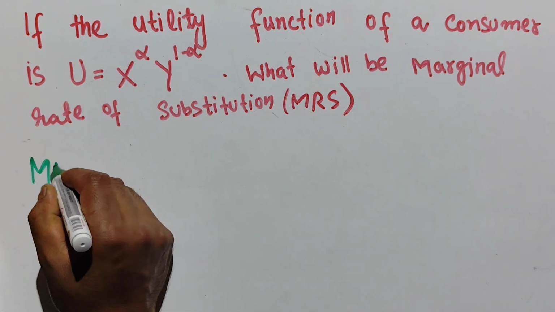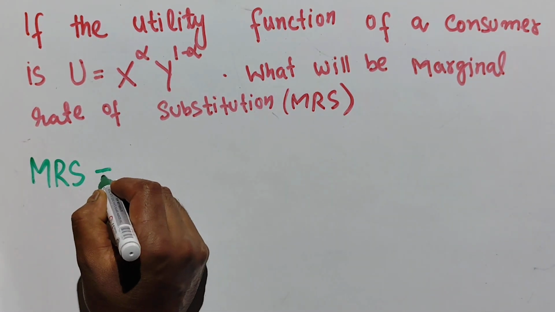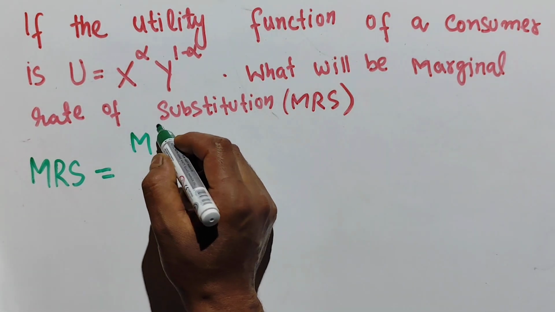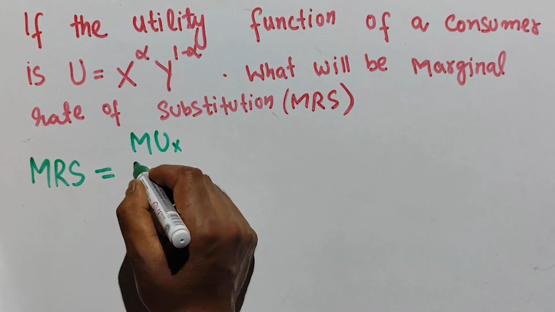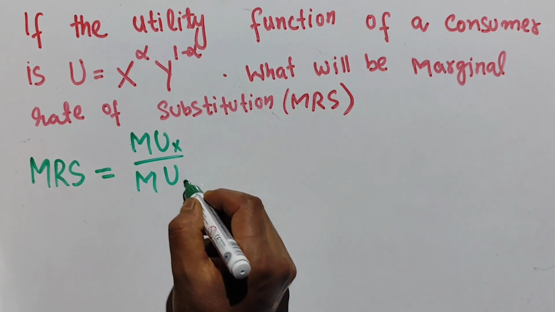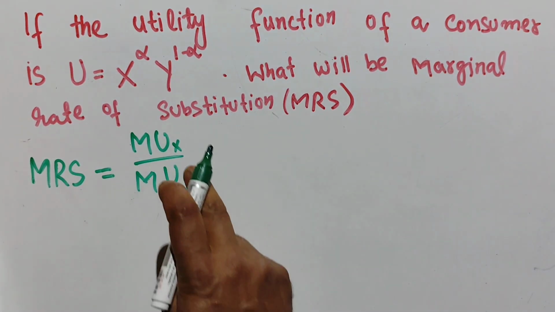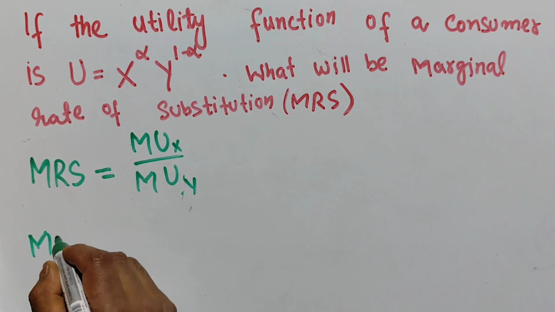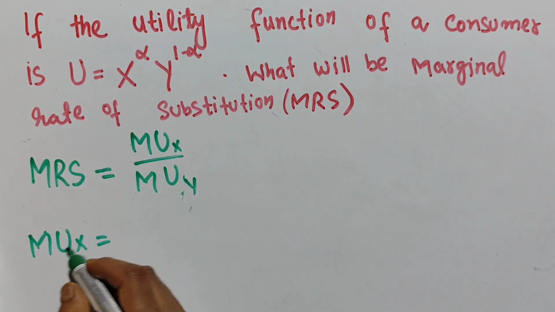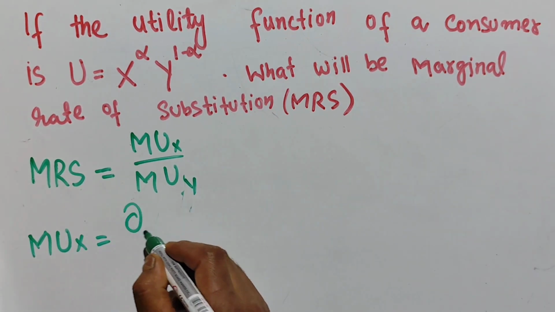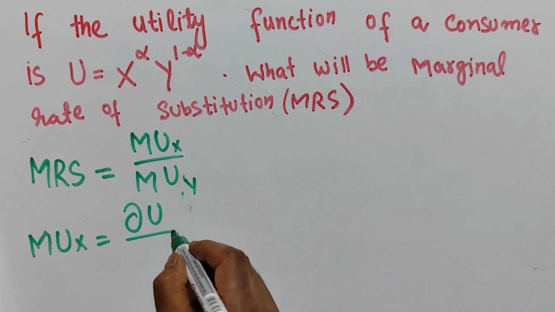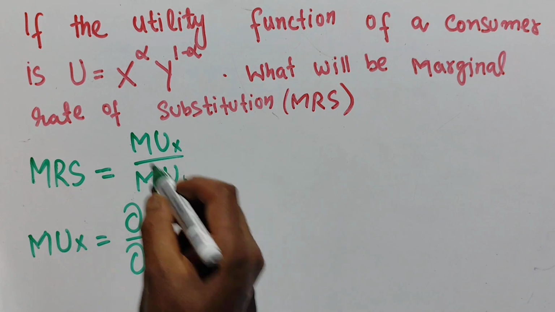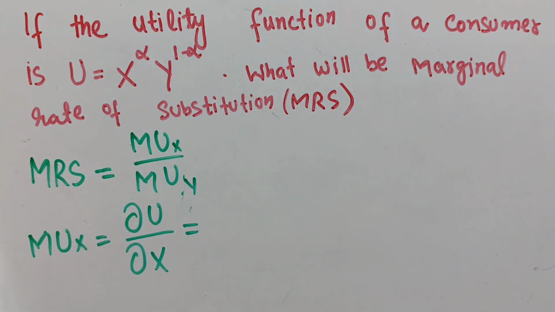MRS is actually equal to the ratio of the marginal utility of good x upon marginal utility of good y. MUX means it is simply the change in the utility function due to the change in the consumption of good x, that is the partial derivative of this function with respect to x.